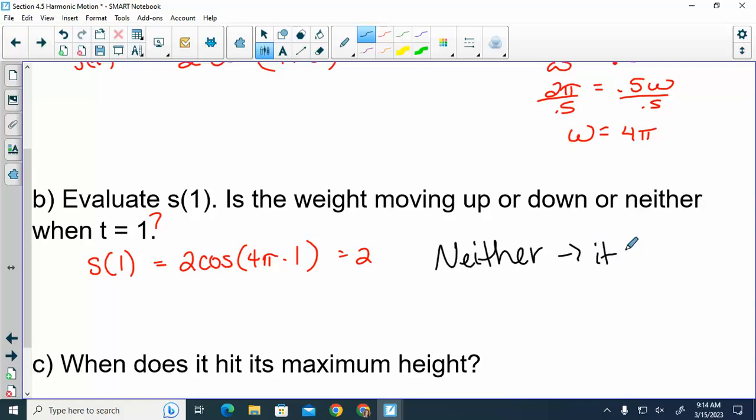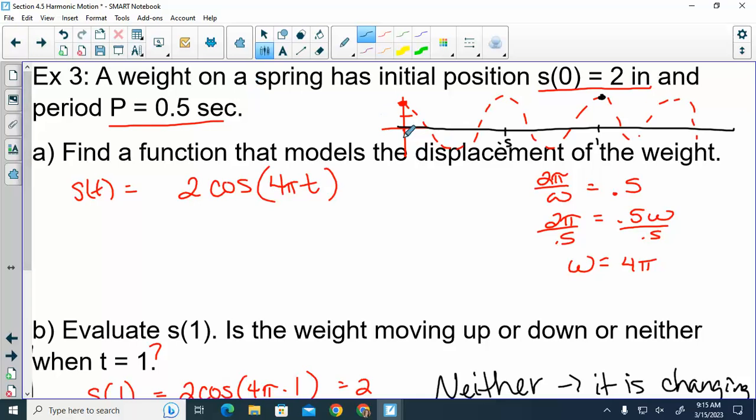It is changing from up to down. So after 1 second, if you just think about the graph, you would have traveled up to the top of that graph, and now we're getting ready to fall back down. See, when does it hit its maximum height? Think about this graph.